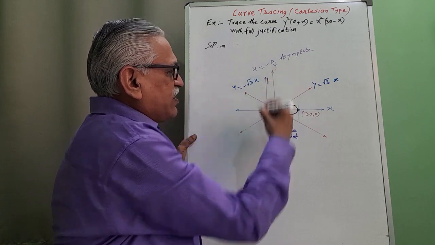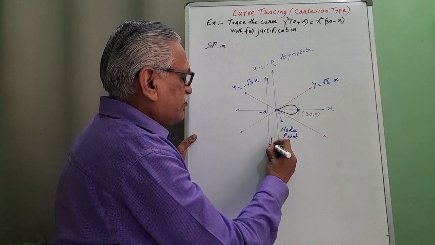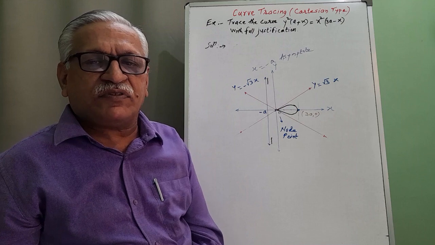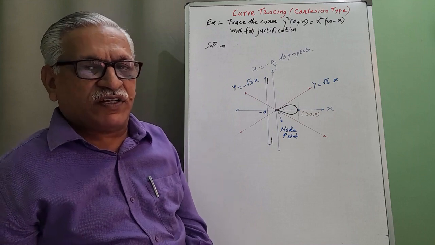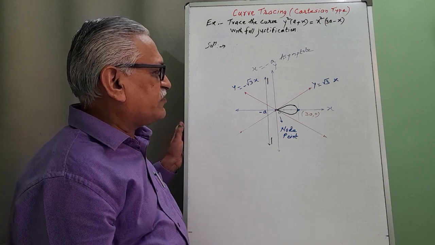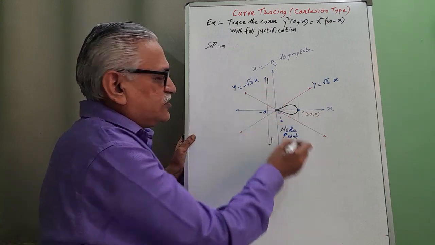A slightly parallel part I will show, and symmetrical on this side also. When we show like this, it means that line becomes a tangent at infinity. That point is not possible for us to show in the figure. And then join this origin to this smoothly.